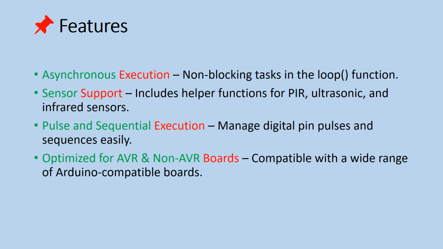Built into Kari come a lot of features that will make you want to shift to Kari. Number one is asynchronous execution, which has been an issue to many Arduino developers, having to handle tasks in the loop function while dealing with non-blocking nature and light code. Many developers use the millis function to counteract this.